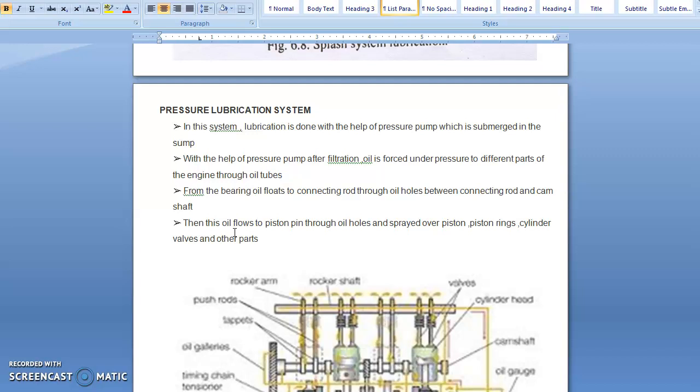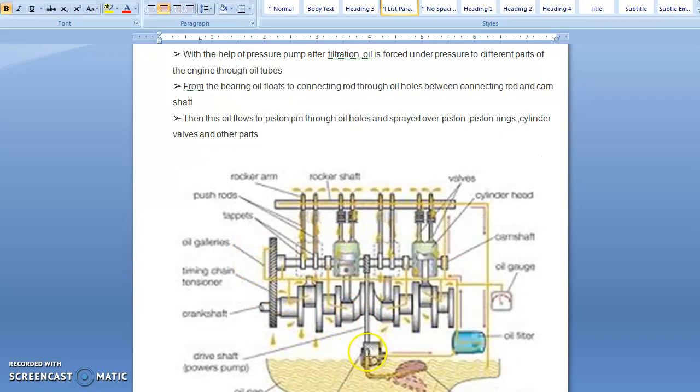Here you can see this one is the sump. For lubricating the camshaft and timing gears, the oil is led through a separate oil line from the oil gallery.